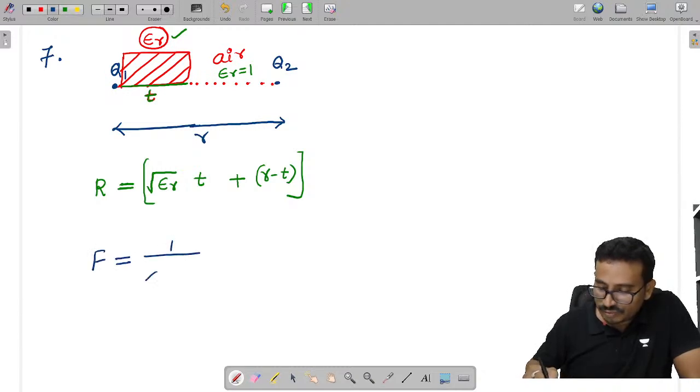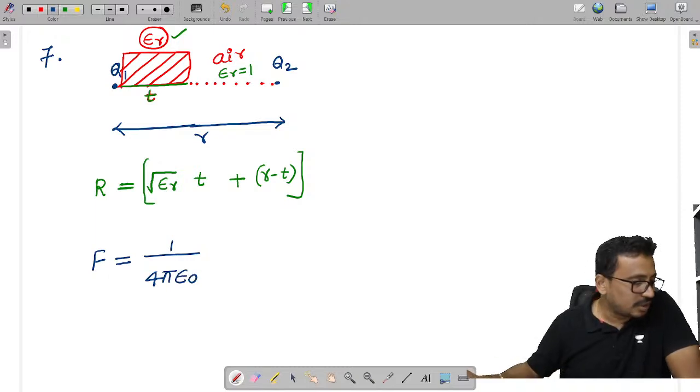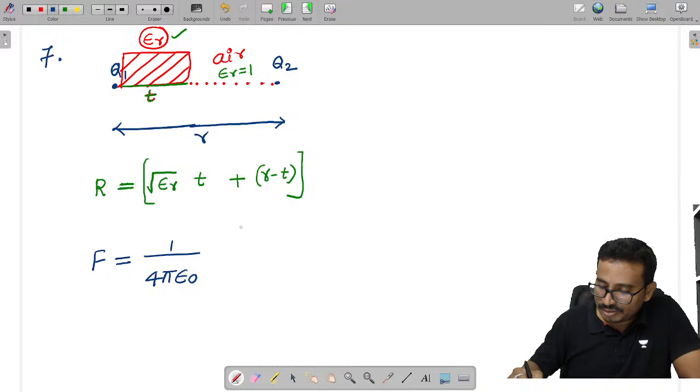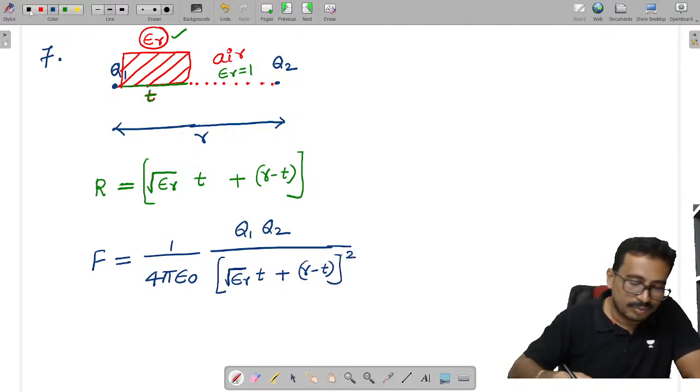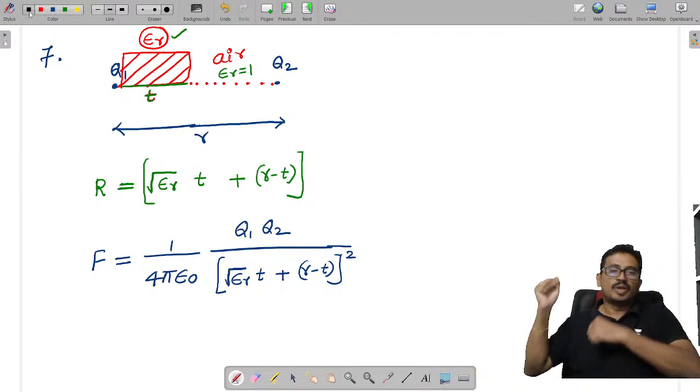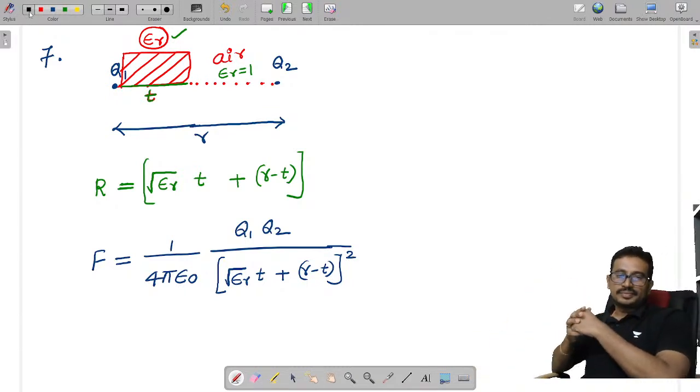Which is given as 1 by 4 pi epsilon naught into Q1 Q2 by, tell me, the square root of epsilon r into t plus r minus t, whole square. बोलिए this thing.